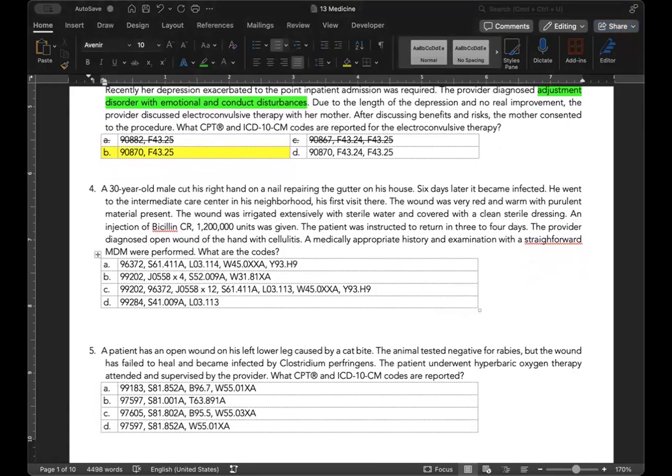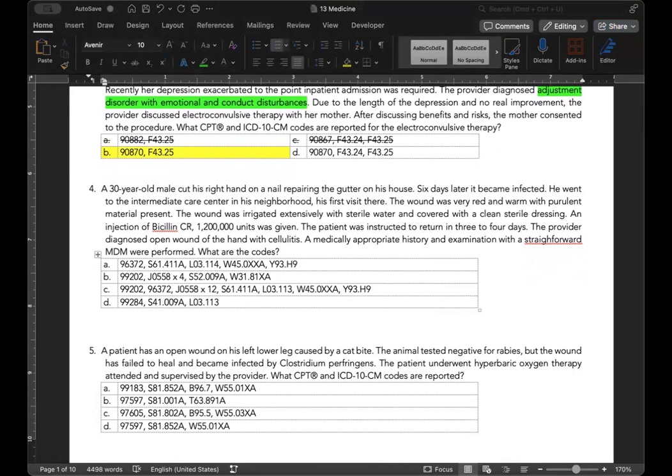So number 4, we have a 30-year-old male that cut his right hand on a nail repairing the gutter on his house. 6 days later, it became infected, and he went to the immediate care center within his neighborhood, and it's his first visit there. The wound was very red and warm with purulent material present, and the wound was irrigated extensively with sterile water and covered with a clean, sterile dressing.